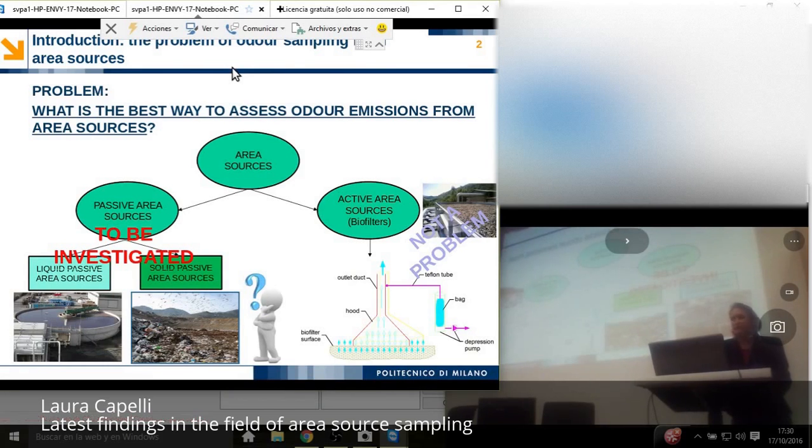For passive area sources, the question is more complicated, and it's still a quite debated task, especially also in the WG2 group for the revision of the EN 13725, and so it's something that still needs to be investigated.